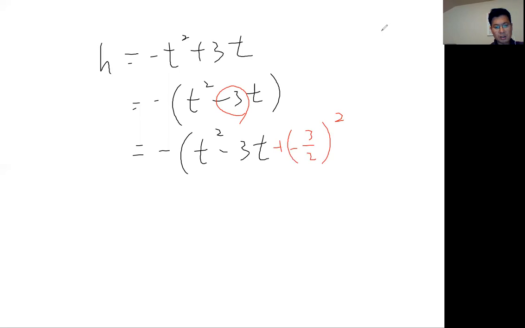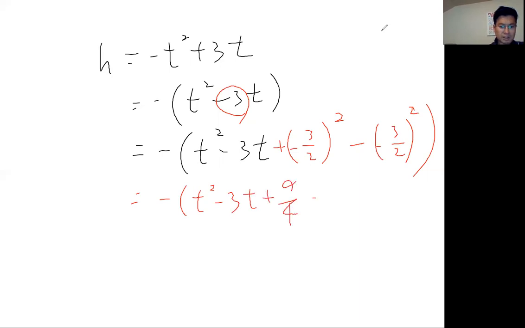You have to put that in, and then take out the exact same number. Ultimately it becomes t squared minus 3t plus 9 over 4, minus 9 over 4. Now you take this part out to complete the square, and we can change it to plus because there's a minus sign. Then we can rewrite this as t minus 3 over 2 squared plus 9 over 4.